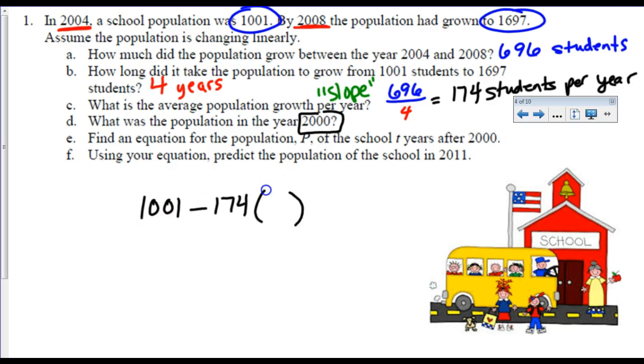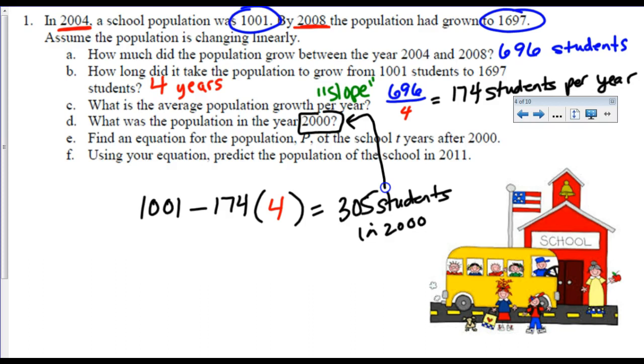And how many times did we subtract it? Well, from 2004 back to the year 2000, so we subtracted 4 times. So doing that on my calculator, because my brain is done, looks like we had 305 students in 2000. So that's this answer right here.